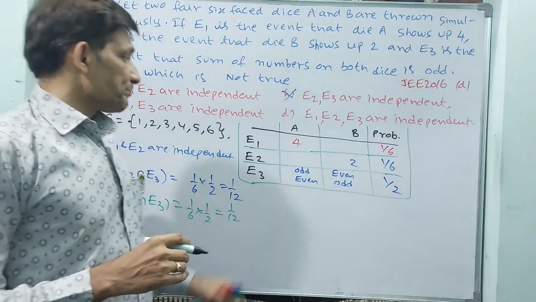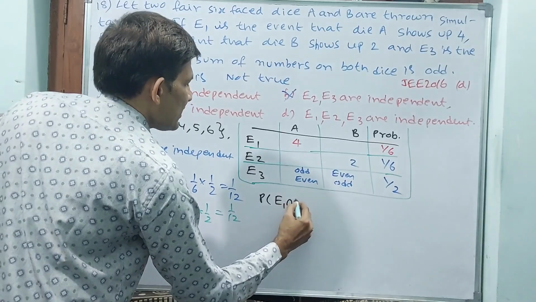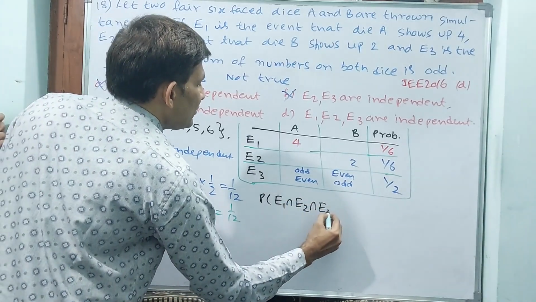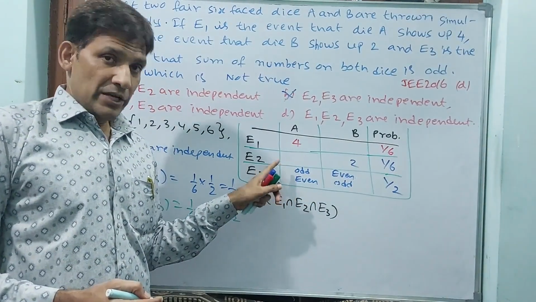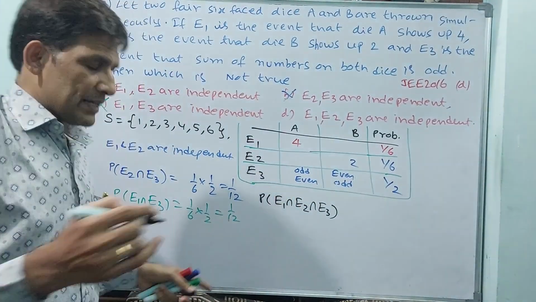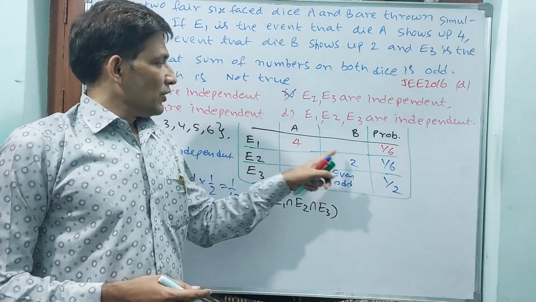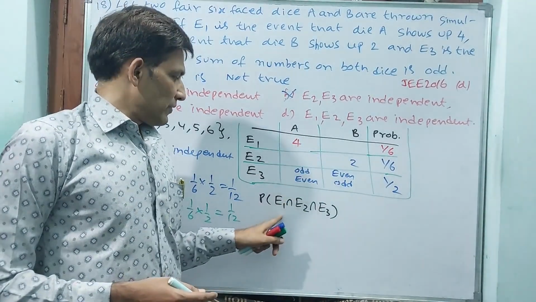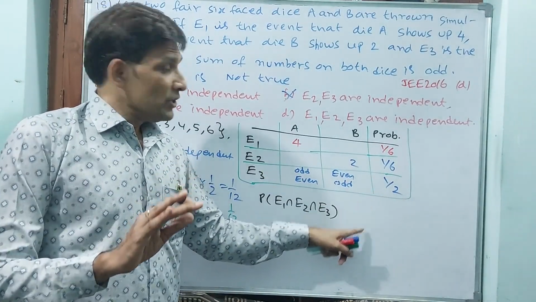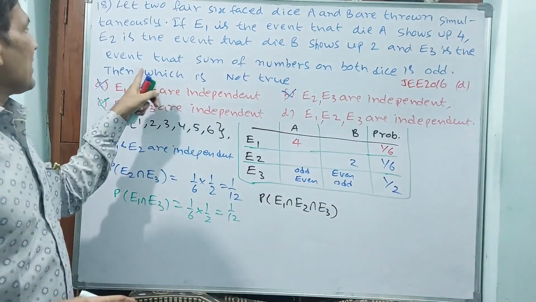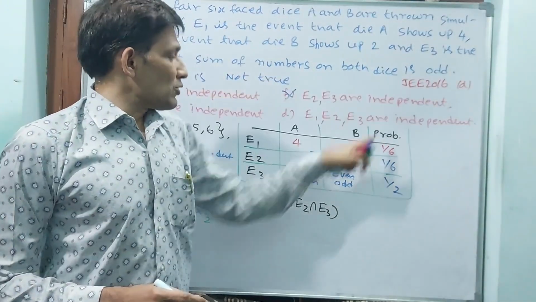Now come back. Now see how I am writing. See the probability of E1 intersection E2 intersection E3. That means all events should occur. Is it possible? Let us see. E1, 4 has come. Yes, possibility to occur. E2, 2 has come. Yes, possibility to occur. E3 also occurred? No, E3 is not going to occur. Why? Because if you go back, E3 event is that an odd sum should come.